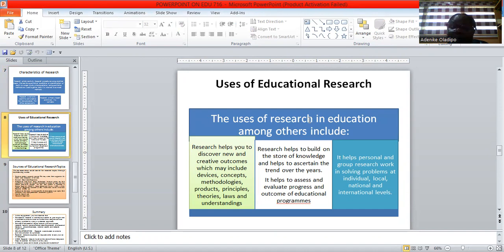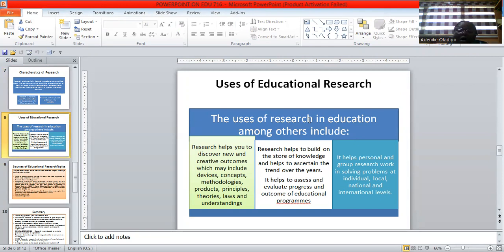It also helps in personal and group research work, in solving problems at individual level, local level, national and international level. The uses of research in education are numerous. The first one I have said is that it helps to build on the store of knowledge. And that is why most of the time, when you do a research, your contribution to knowledge is being requested for.